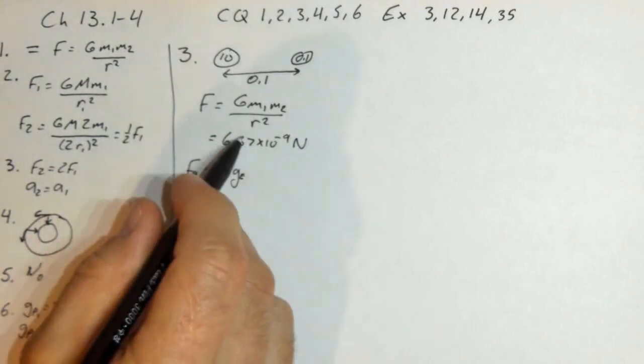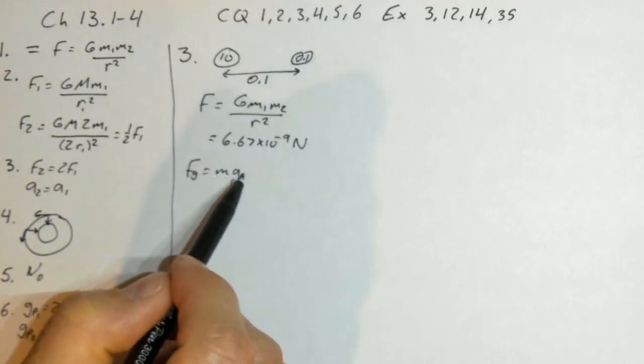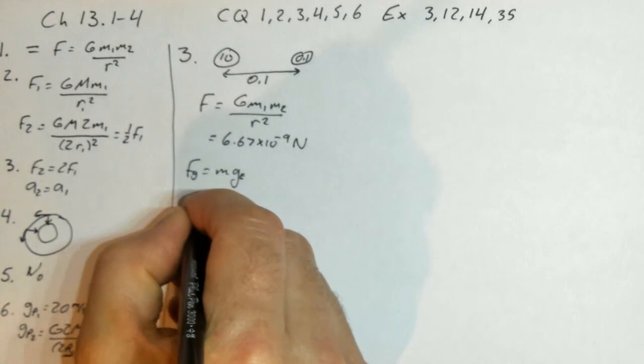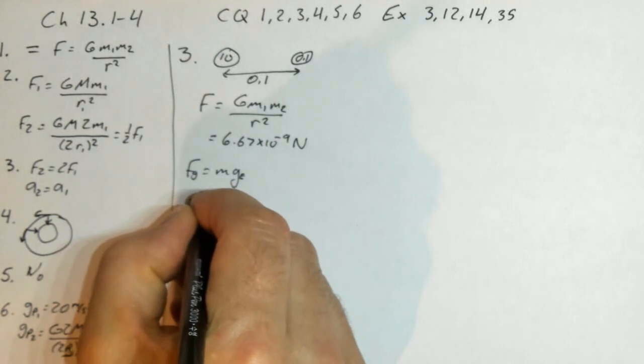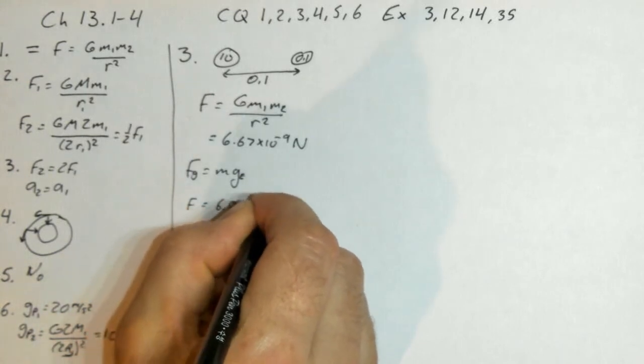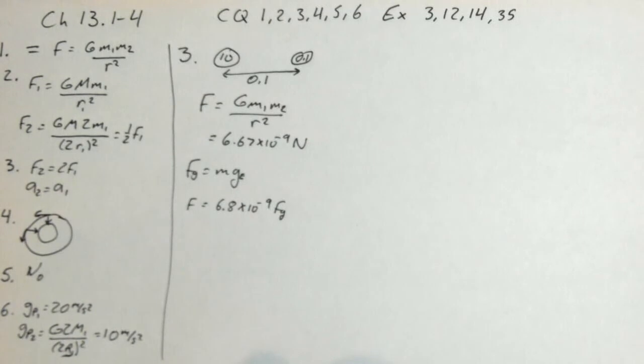How much smaller is this? If you take this divided by this, plugging 9.8 times 0.1 in, you end up with the F we calculated is equal to 6.8 times 10 to the negative 9 Fg. So it's a heck of a lot smaller. Super, super small.